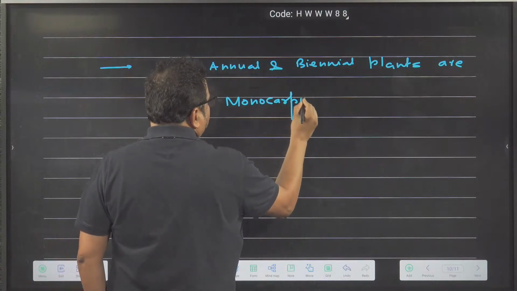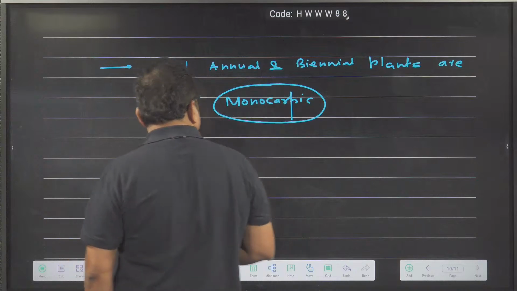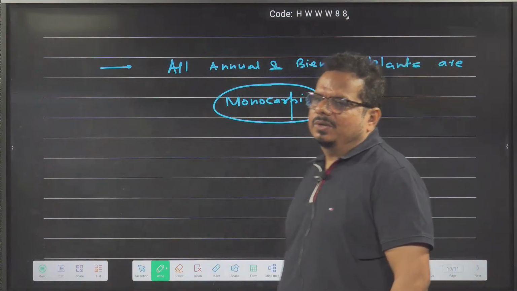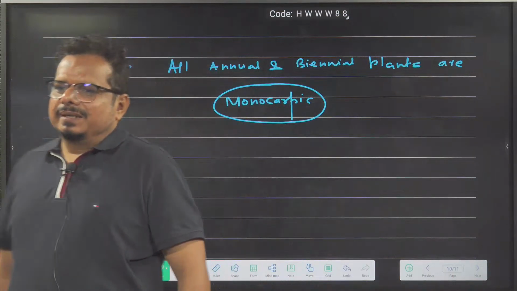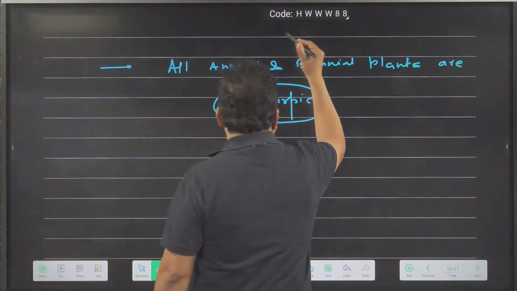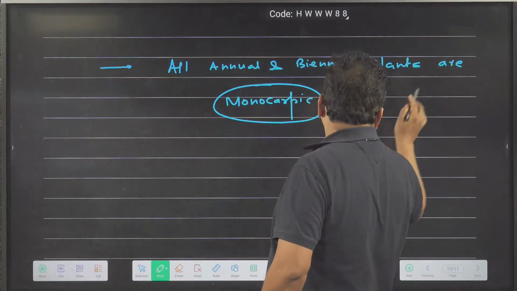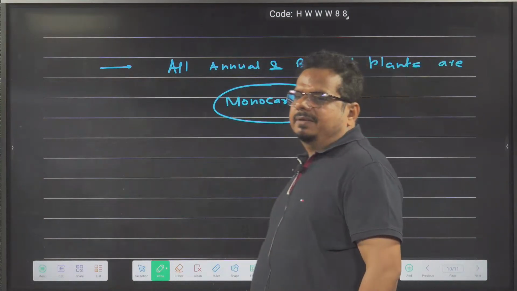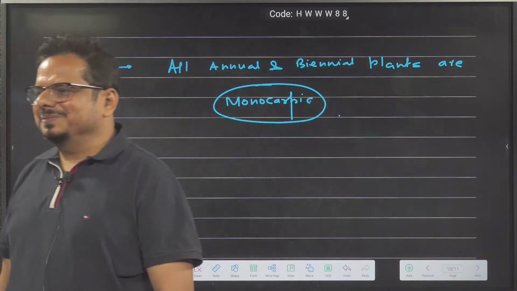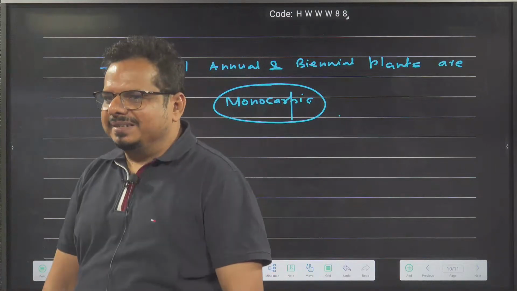You just recall, if you are our old student, you confuse yourself many times with the monocarpic terminology. Anybody can write what is monocarpic, then we will decode it. All annual and biennial plants are monocarpic. What is the meaning of monocarpic? Pin your answer.